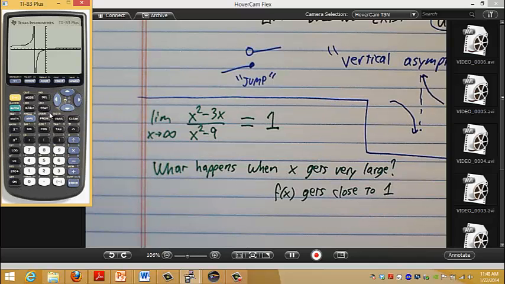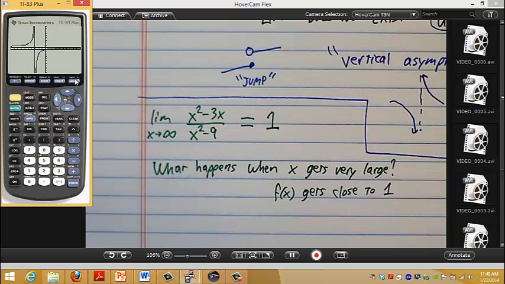Here, take a look. Well, I guess maybe not yet. But if I go to the y equals screen and graph the line y equals 1, well, that's what you might have learned in algebra class as an asymptote. Do you see how the curve is getting closer and closer to that line?